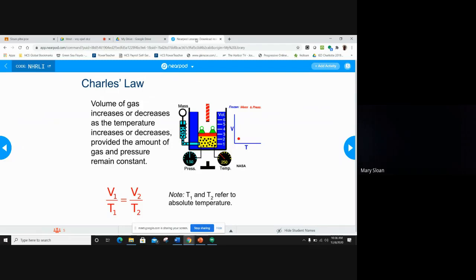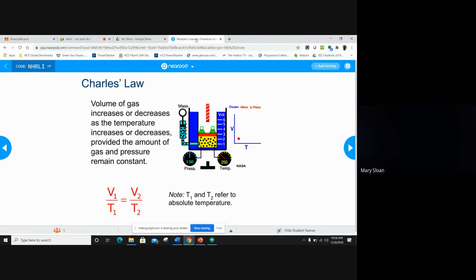Okay, so let's look at the problem. It says calculate a decrease in temperature from 6.00 liters. So we've got volume 1, temperature 1, volume 2, temperature 2. So 6.00 liters is my volume 1, right?